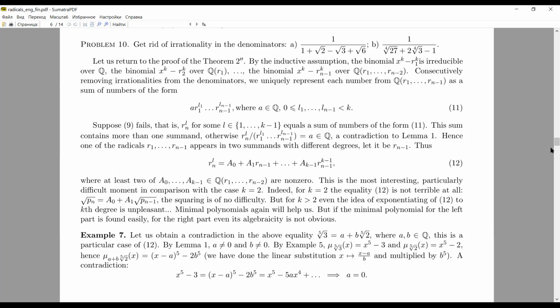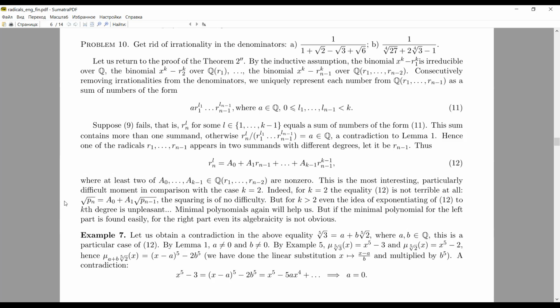Rn in L equals some polynomial of R(n minus 1) with coefficients a0, a1, etc., and at least two of them are non-zero. This is the main part of the proof. If k equals 2, then we just square this equality, and we get a contradiction very easily.